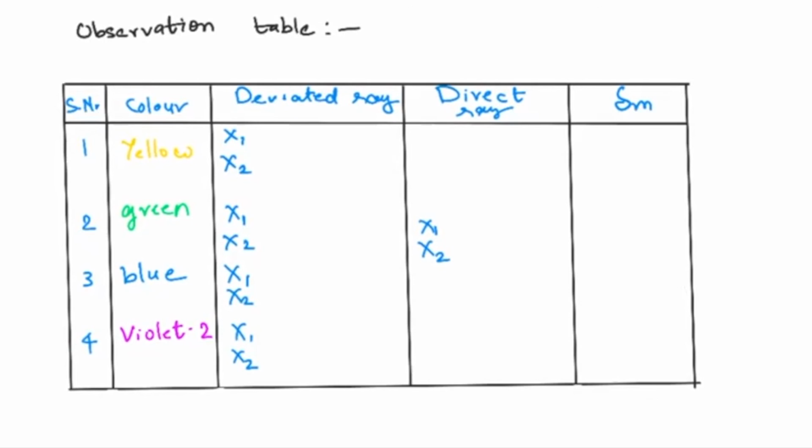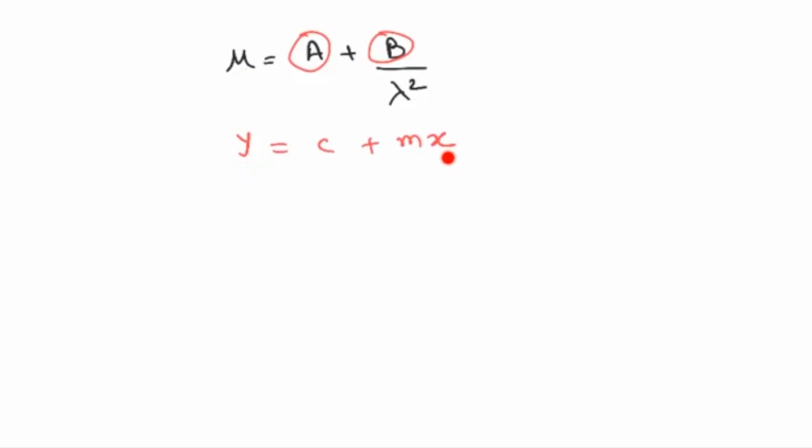Then our next table will be mu corresponding to lambda. Mu is A plus B by lambda square, and our job is to calculate this A and B. So if we compare this equation with y equal to c plus mx, then if I'm plotting mu on the y-axis, and x-axis is 1 by lambda square, then my intercept is A and slope is B. So that is what we are going to do.